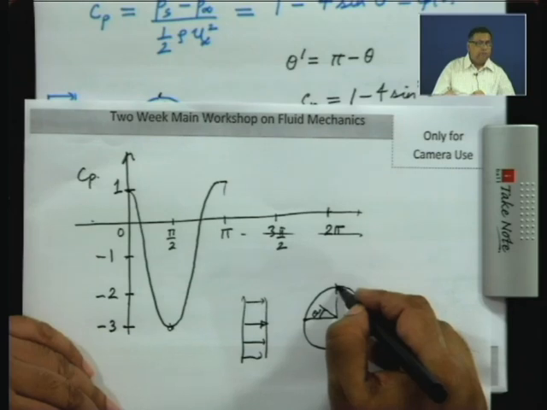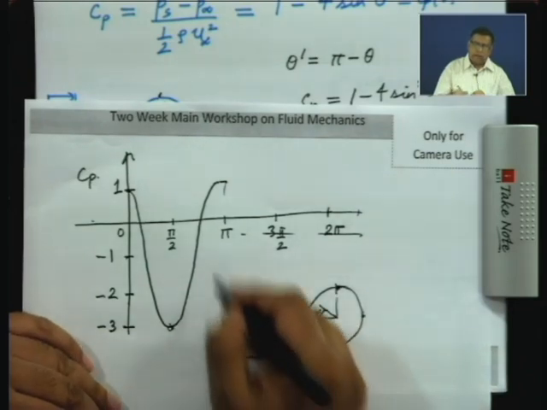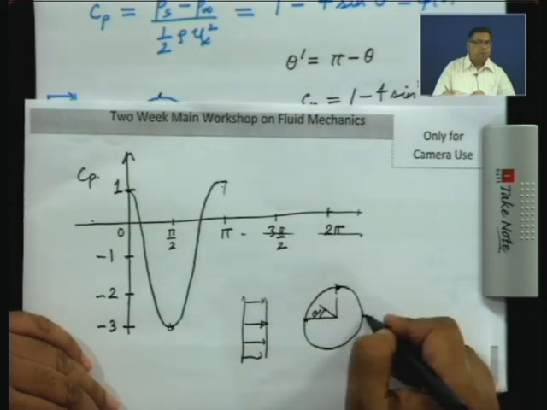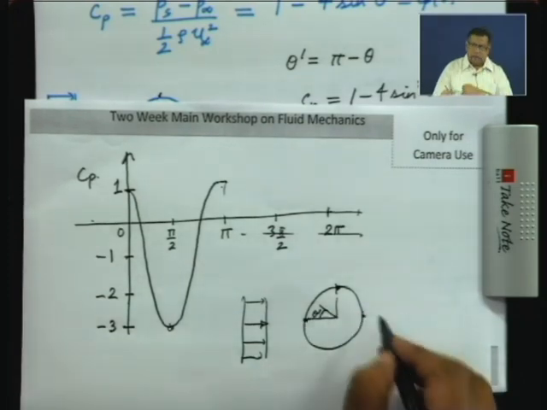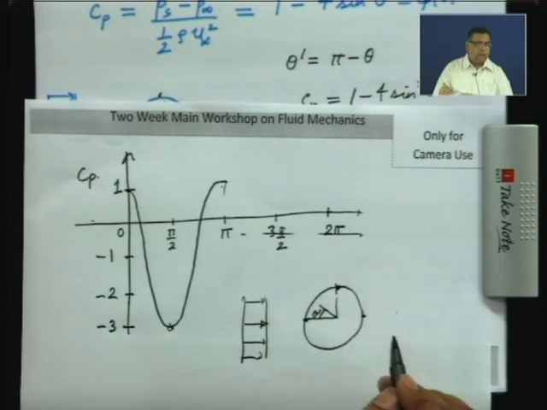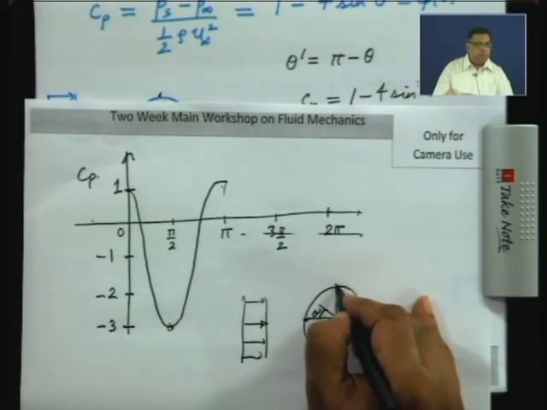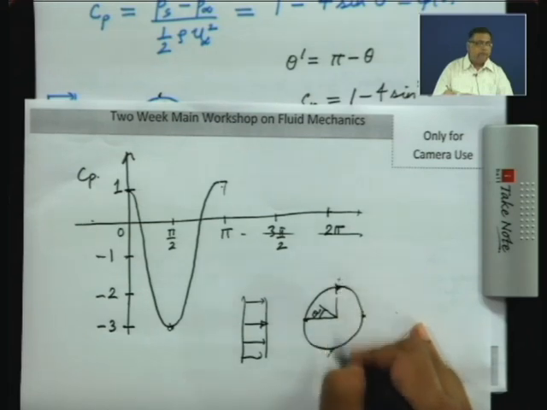And inviscid flow theory, potential flow theory is predicting that the pressure will recover to its previous value. So, the pressure at the forward and rear stagnation points according to potential flow theory is the same, and those are the points of maximum pressure. The point of minimum pressure is the top of the cylinder or the bottom of the cylinder. The flow pattern is symmetric.